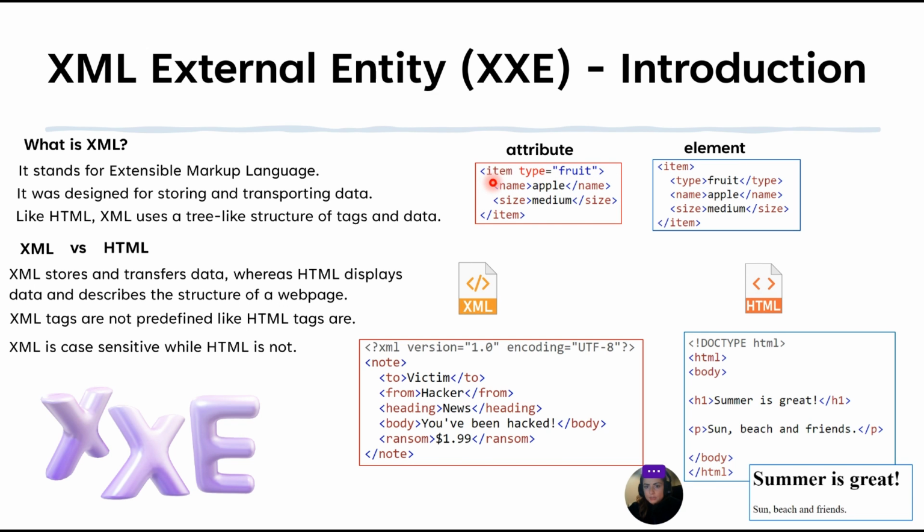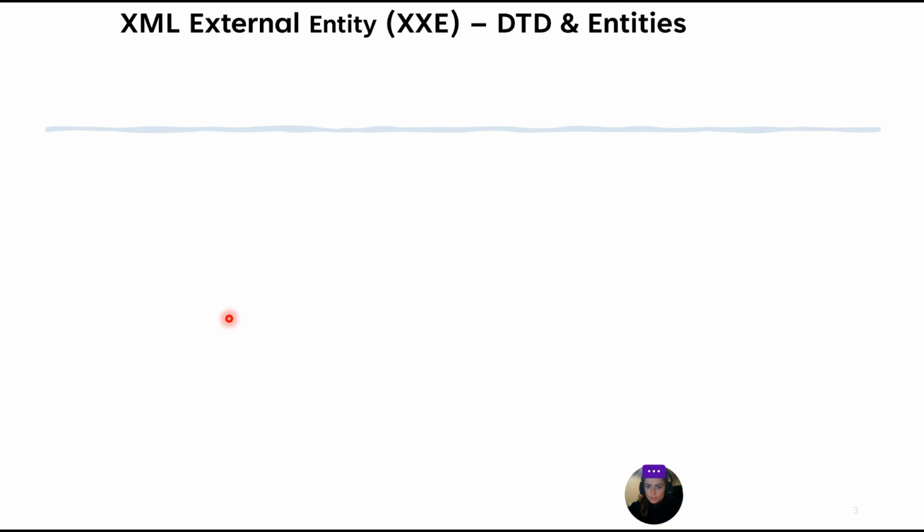After that, we have the tags with name Apple, size medium, whereas for the element, everything is pretty much in the same structure. So there is not a huge difference, to be honest. Both examples provide the same information, so it's really up to the author how they want to structure and present the data. Okay, moving to the next slide.